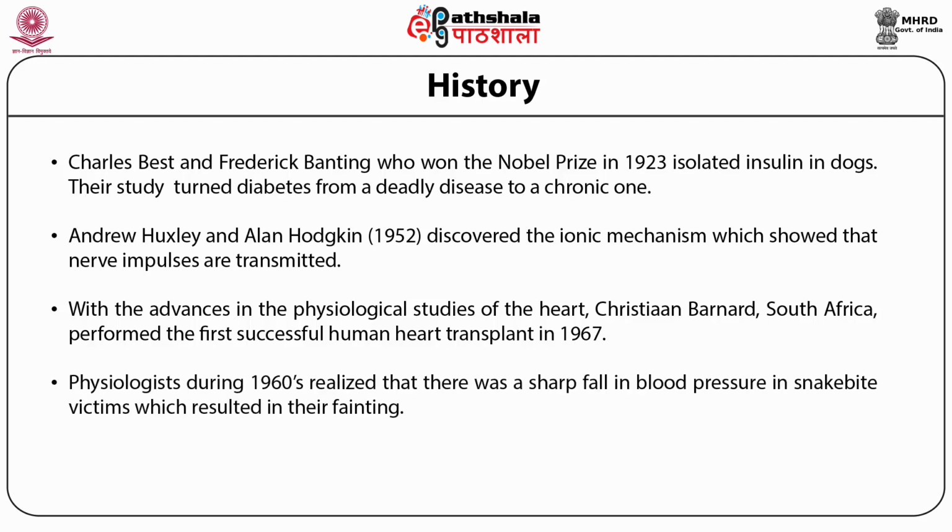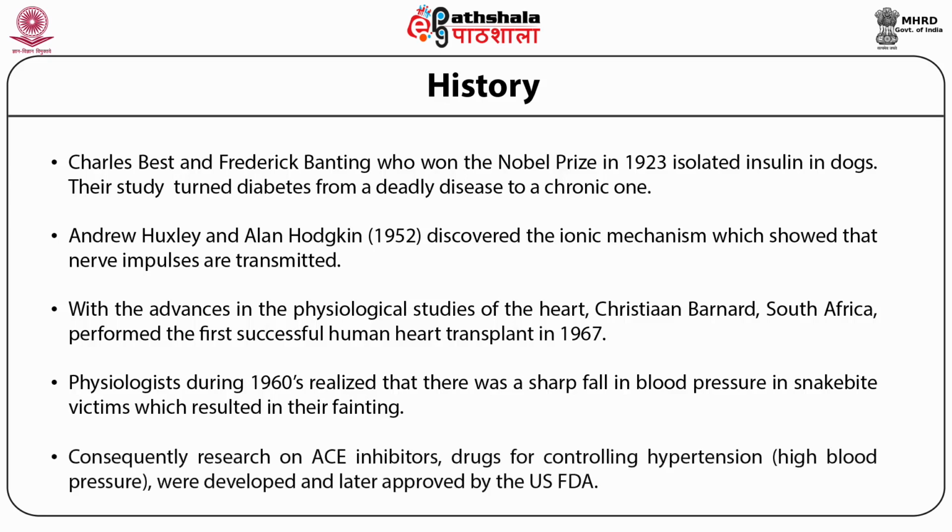Physiologists during the 1960s realized that there was a sharp fall in blood pressure in snake bite victims, which resulted in their fainting. Continued work resulted in the isolation of a compound in the snake venom that blocked ACE, an enzyme that controls blood pressure.